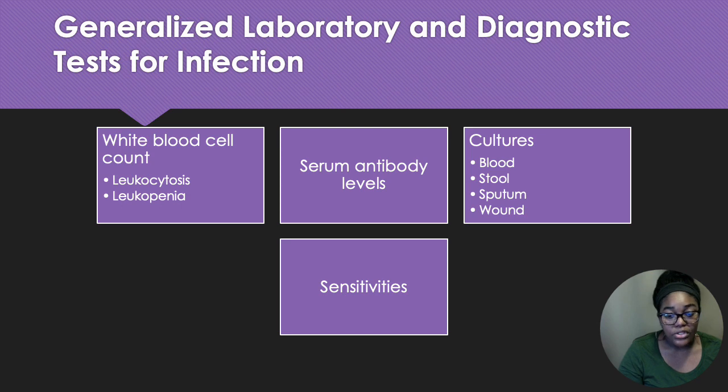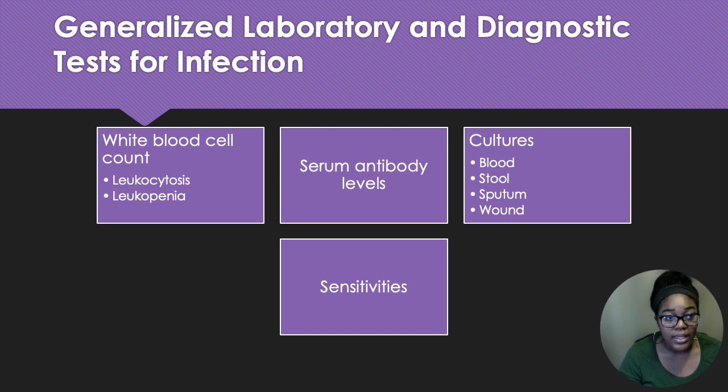We have generalized laboratory tests. Normally you'll pull a CBC, which would include your white blood cell count, and normally those CBCs have differentials, so you can see what types of red blood cells or white blood cells are within the blood at the time of infection, and you can indicate the white cell count. White cell count always leads to indication of infection. So you can have leukocytosis, which is an elevation in your white count, or you can have leukopenia, which is a decrease in your white count.